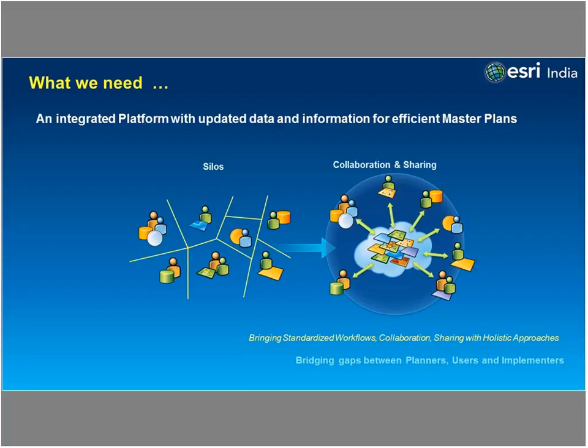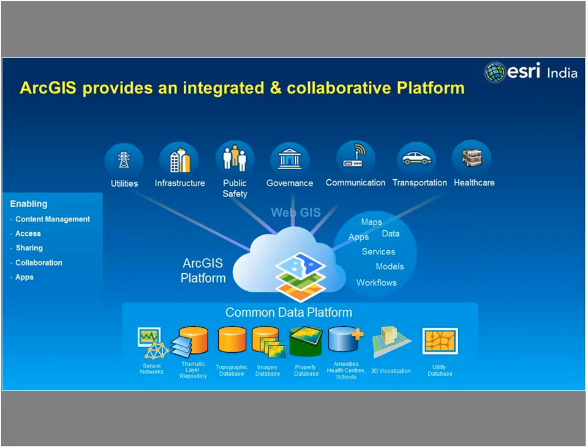We can directly and seamlessly access data services from various departments, get access to the latest data available, and use that for master plan preparation. So this is what we need to start with.